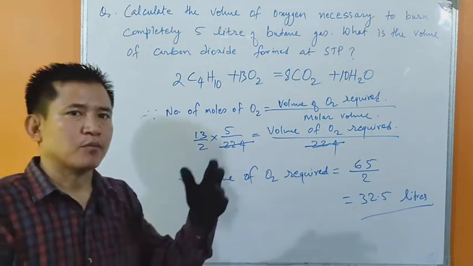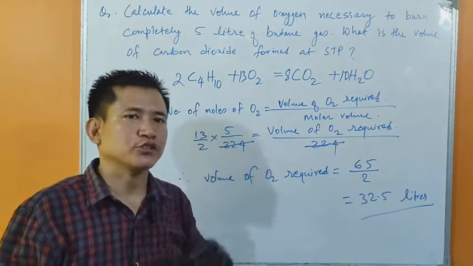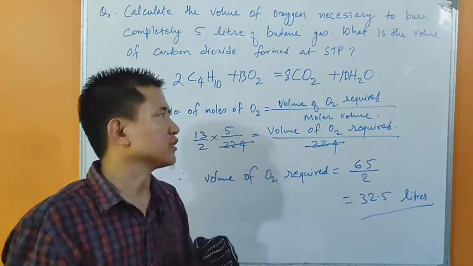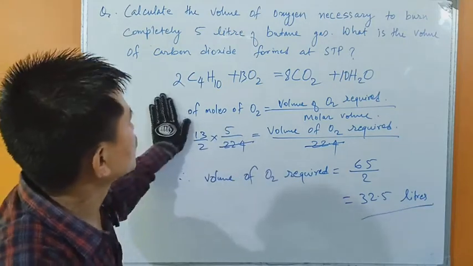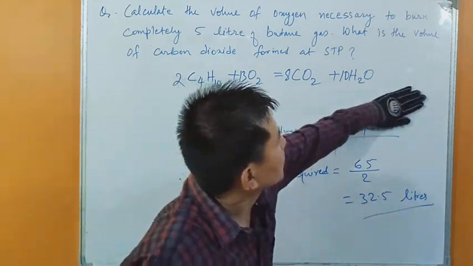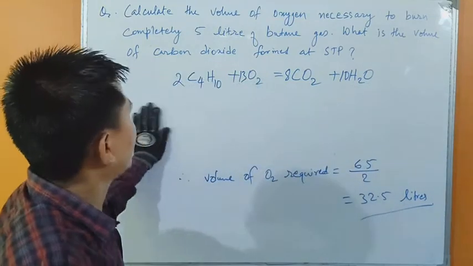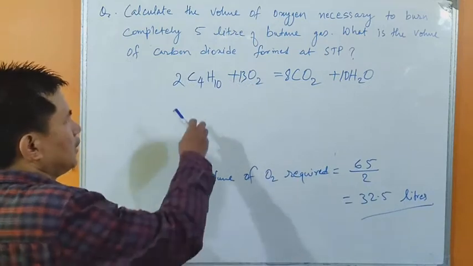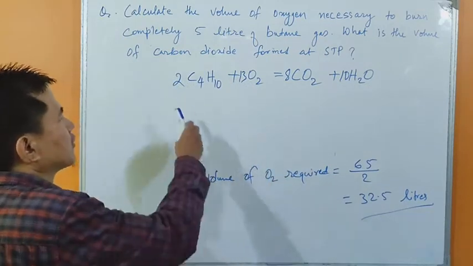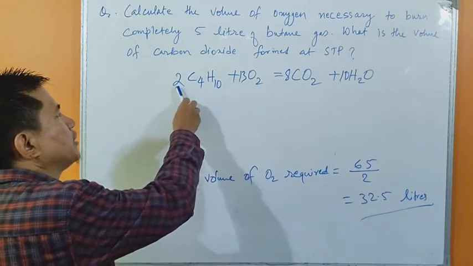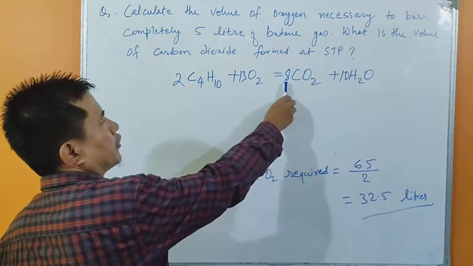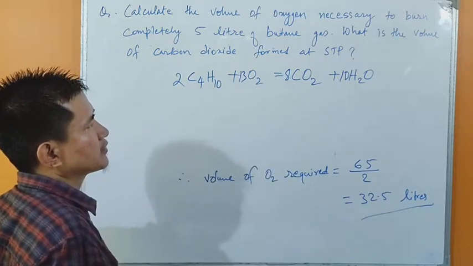I am using the mole concept to solve this question to make you understand the mole concept. But these questions can be solved in another way also, by applying Gay-Lussac's law. According to Gay-Lussac's law, 2 volumes of butane produces 8 volumes of carbon dioxide gas, isn't it?